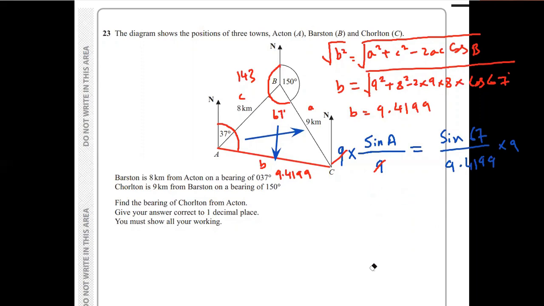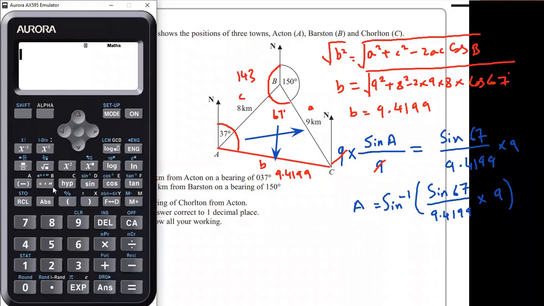So we can straight away work out the value of A by taking sine inverse on both sides. A will be sine inverse of sine 67 over 9.4199 times 9. This is what we need to do.